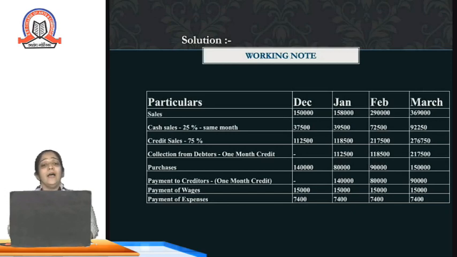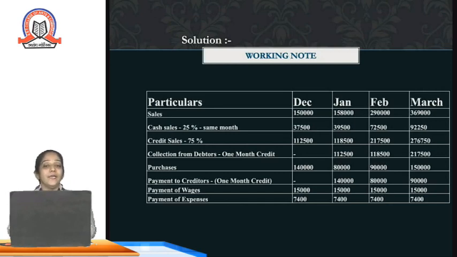Now I have calculated the values for the remaining amount, which is 75%. So 75% of 1,50,000 will be 1,12,500, which I have written. I am not going to get this 1,12,500 in the month of December, I am going to get it in the next month, because debtors are given a credit duration of 1 month.